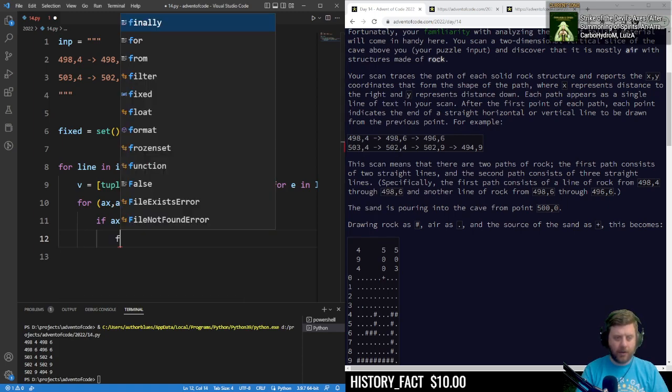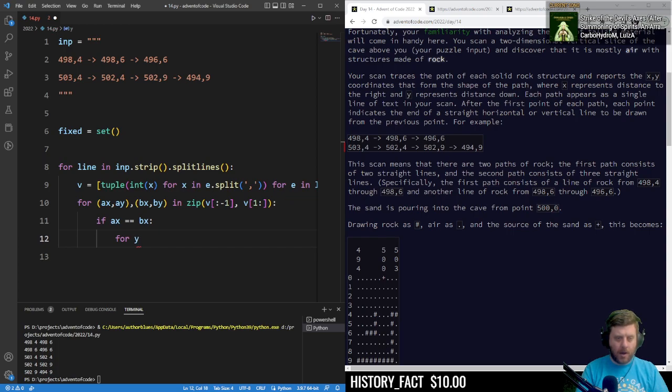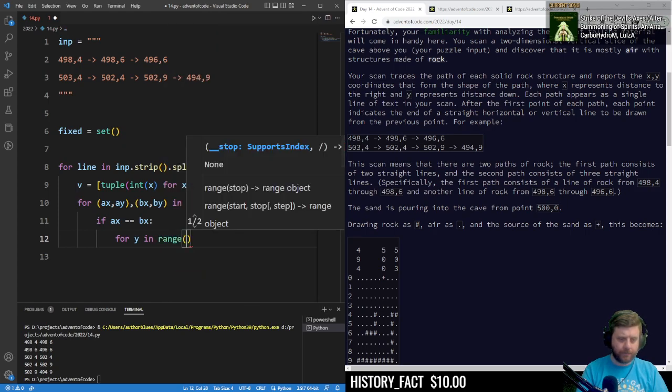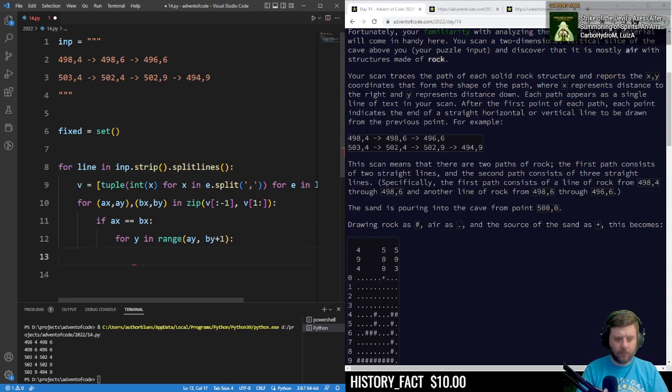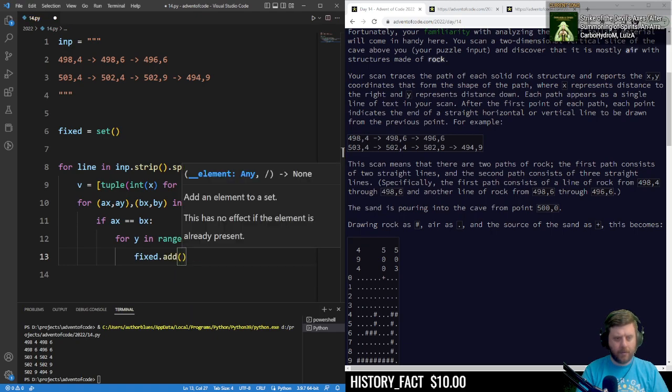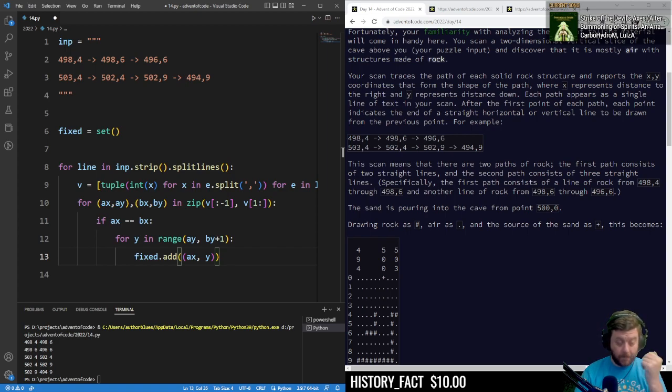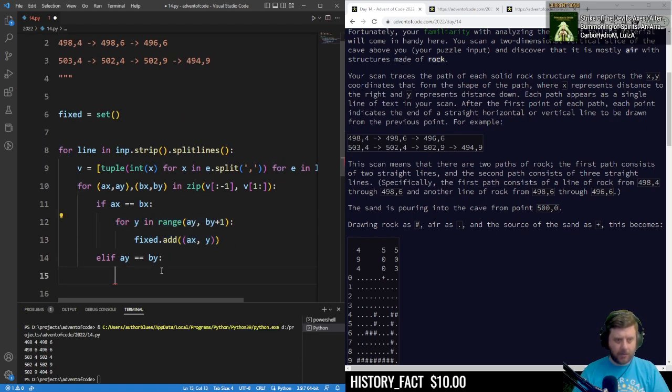So I will say for y in range from ay up to by plus 1, fixed dot add ax, y. If ay equals by, then it's the same thing but flipping the x's.